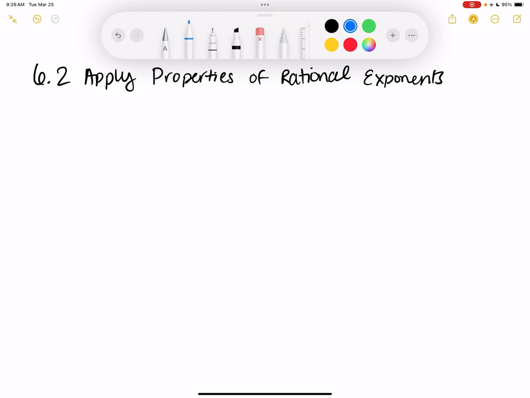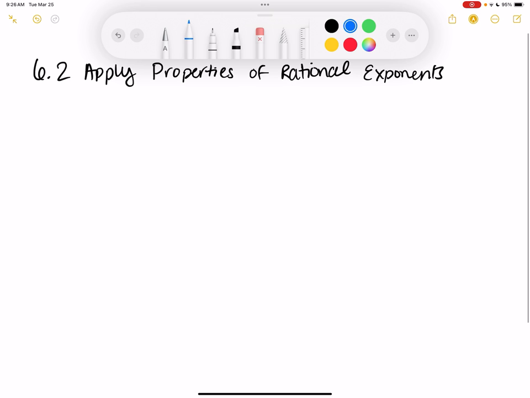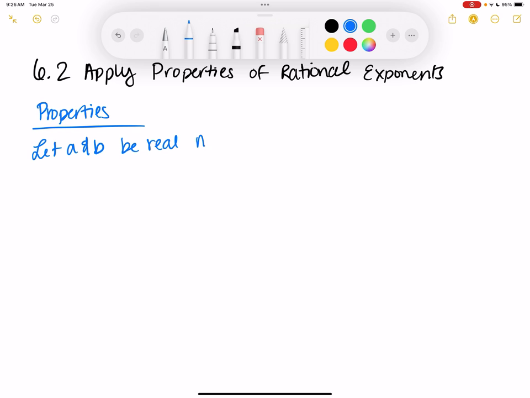So our properties. Let A and B be real numbers and let M and N be rational numbers, meaning they're going to be fractions.